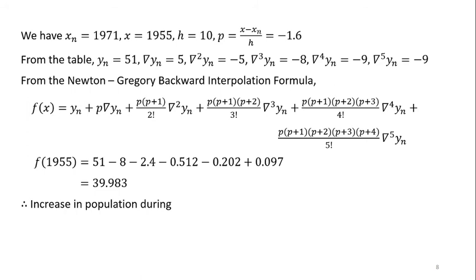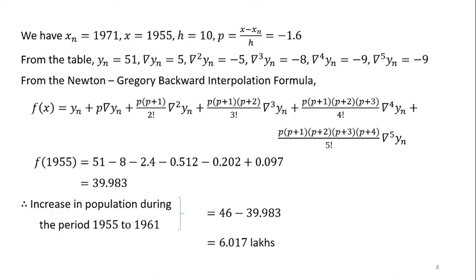Now, therefore, the increase in the population during the period 1955 to 1961 is given by the population of the year 1961 minus the population of the year 1955, that is 46 minus 39.983 lakhs, that is 6.017 lakhs.